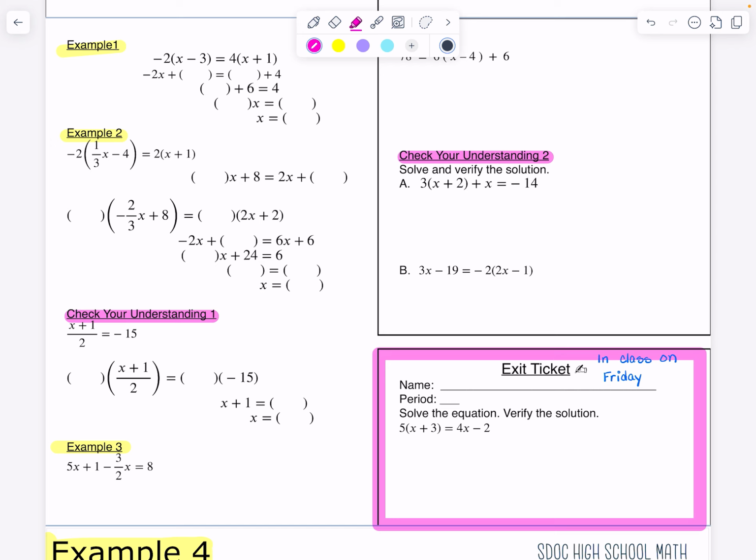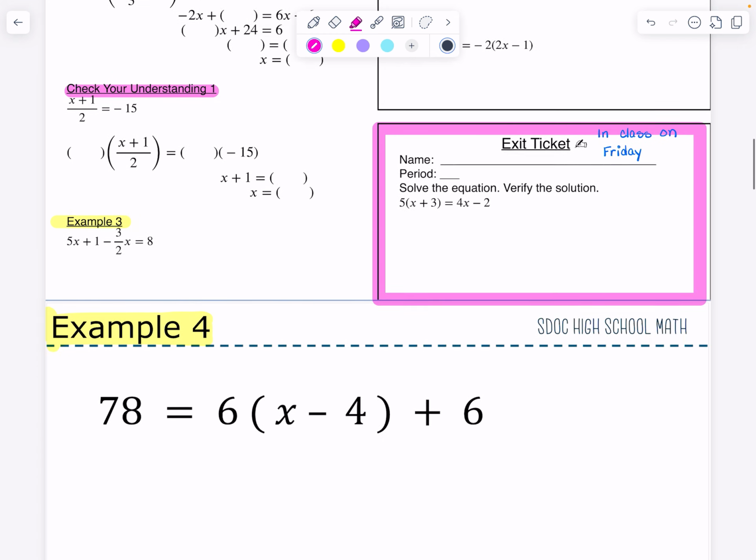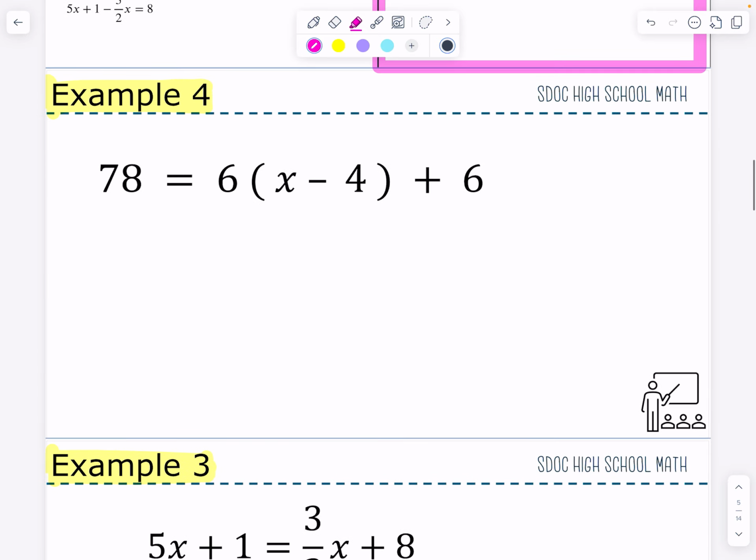Now, let me talk about a couple of strategies that I put together on this lesson. First, I am going out of order because I think it's a better progression. So just pay attention to which example I'm doing, and then follow along in your packet. My next suggestion is to let me work through the problem.